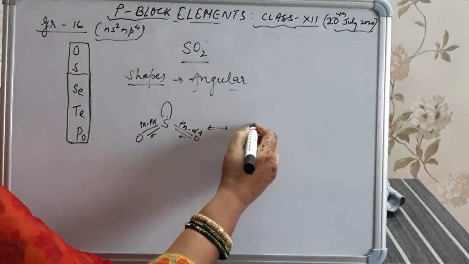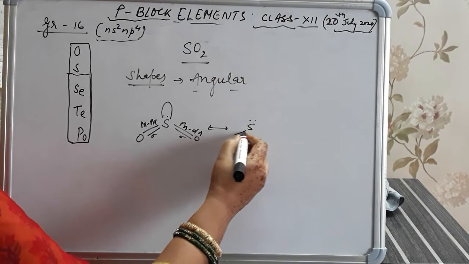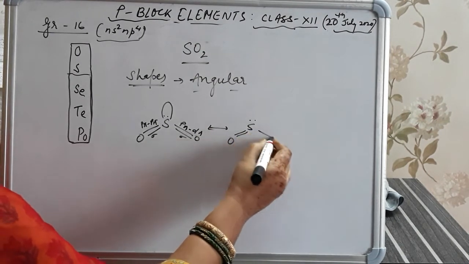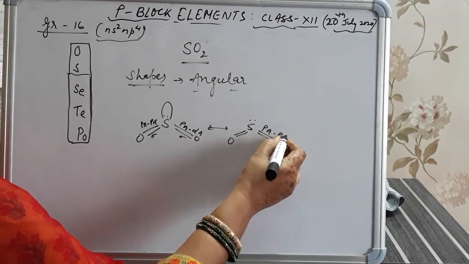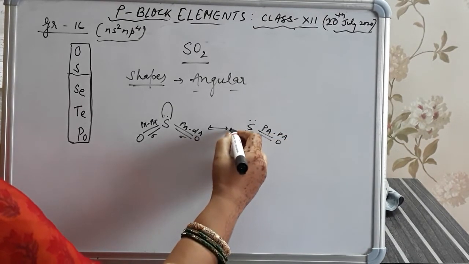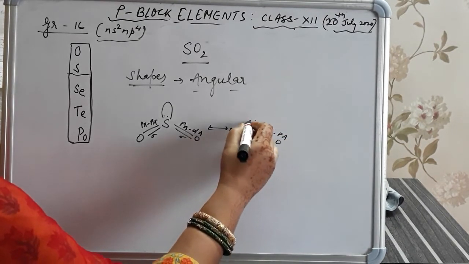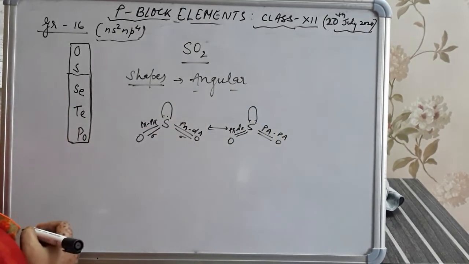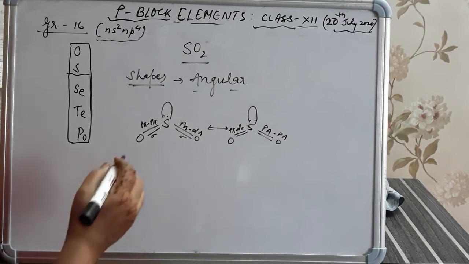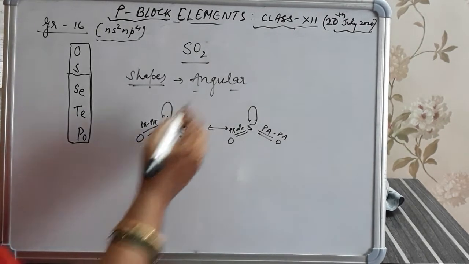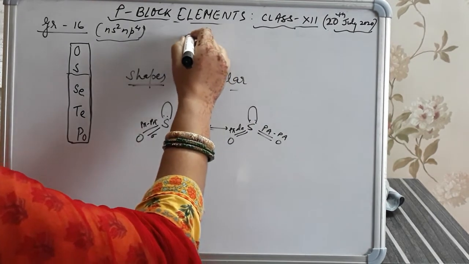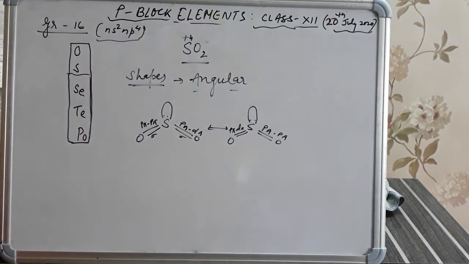You can draw the resonating structure also because it shows resonance, with p pi, p pi, d pi, and one lone pair here. In this way we can draw the structure of sulfur dioxide, which is angular in shape, and sulfur is in the +4 oxidation state.